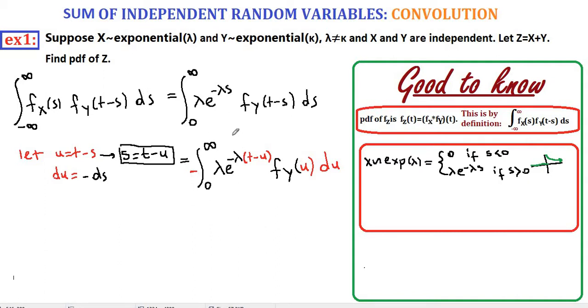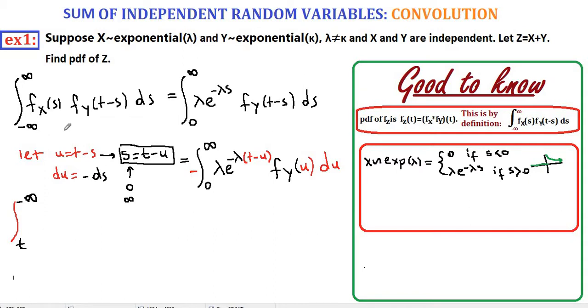Since we have written everything in terms of u, we also have to change the limits of integration. When s was 0 in the previous integral, u was t. So our new limits of integral: when s is 0, u is t, and when s is infinity, then u is negative infinity.